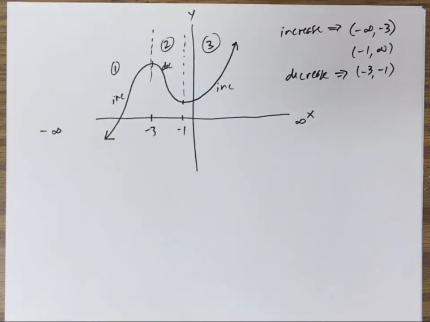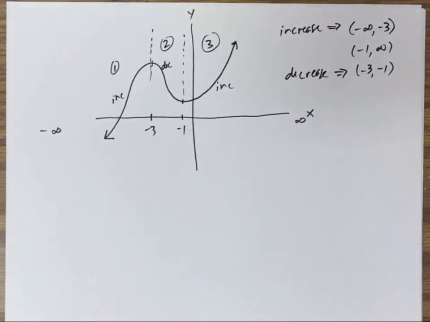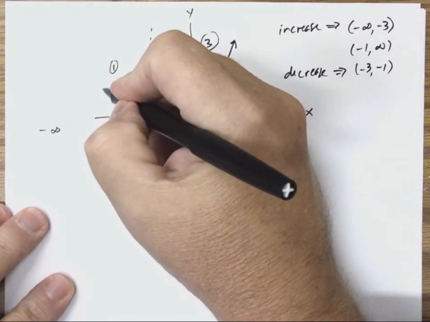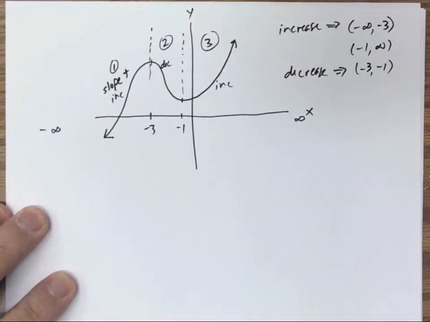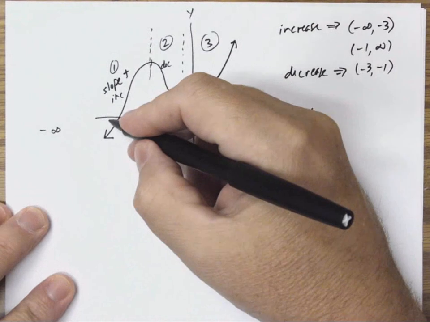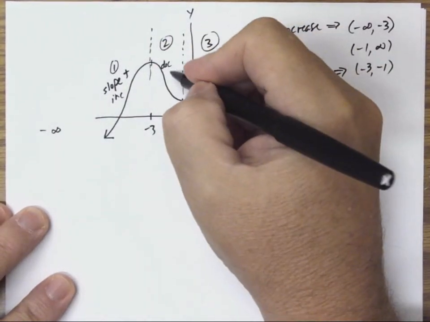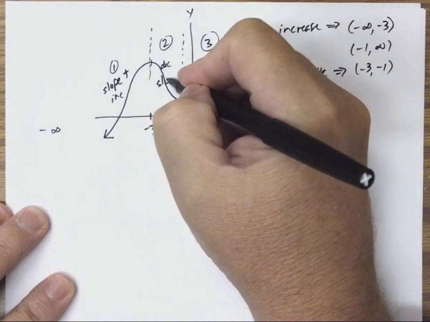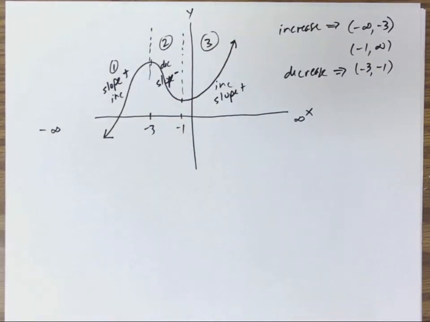Now let's talk about what this means in terms of increasing and decreasing. Another way you can think about it: increasing regions are where we have a positive slope. So here the slope is positive, and the decreasing is where the slope is negative.